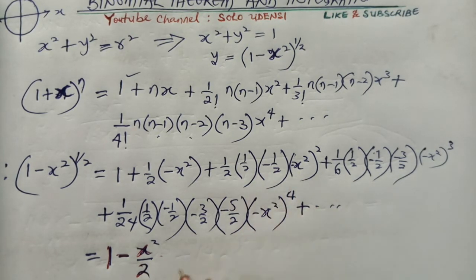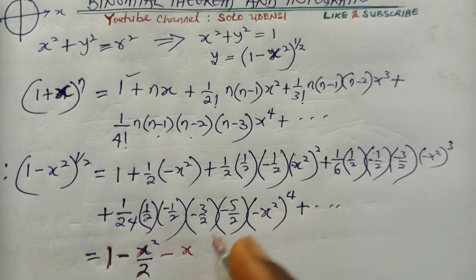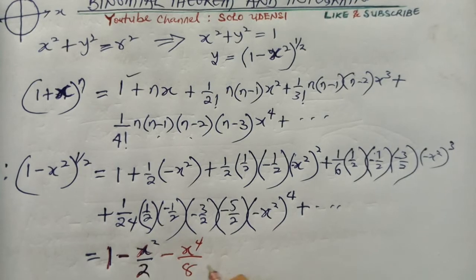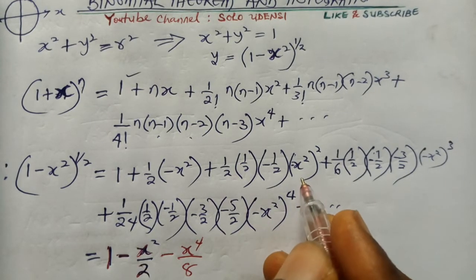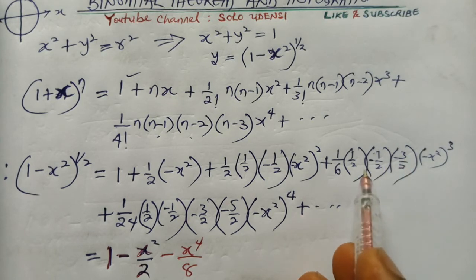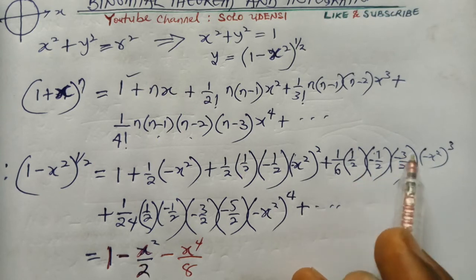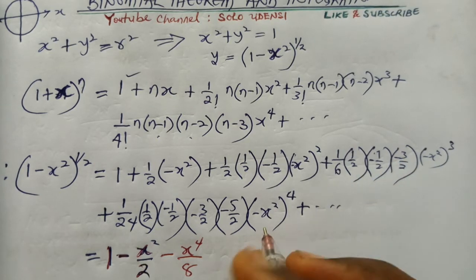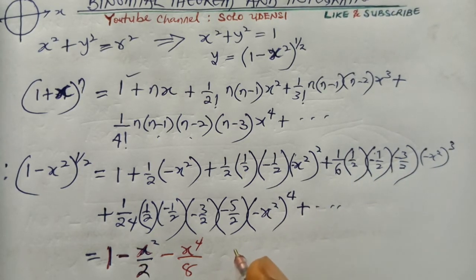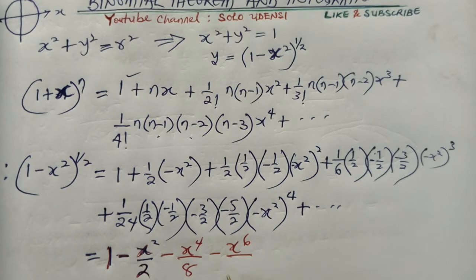The one will give us minus x raised to power 4 over 8 for this one. This one will give us 3 over 8 times this 48, 3 over 48, that's 1 over 16, that is minus x raised to power 6 over 16.